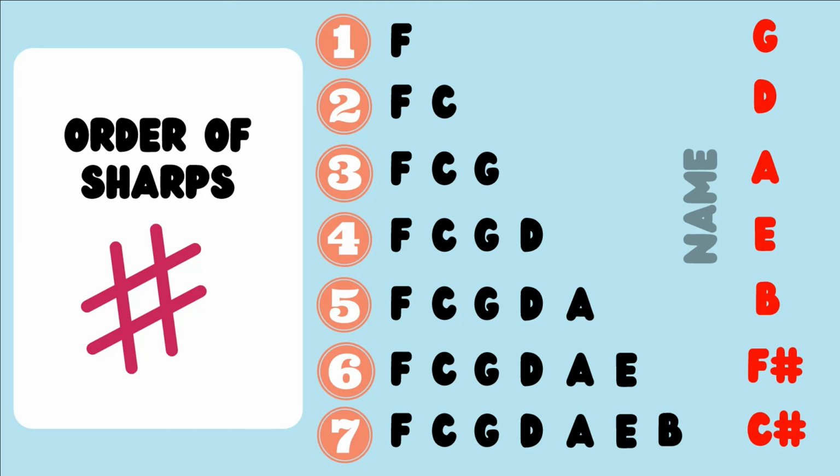So 4 sharps, the last sharp there is D, D to E is a tone. The same thing with 5 sharps, A to B is a tone. The 6 sharps, E to F sharp is a tone. Remember, E to F is a semitone, but when you now say E to F sharp, it's a tone. And then when it's 7 sharps, B to C is a semitone, but B to C sharp is a tone. So just a tone difference, you get the name of the key from the last sharp.